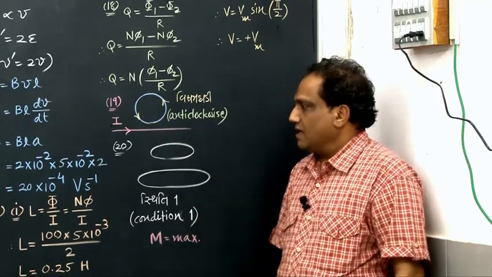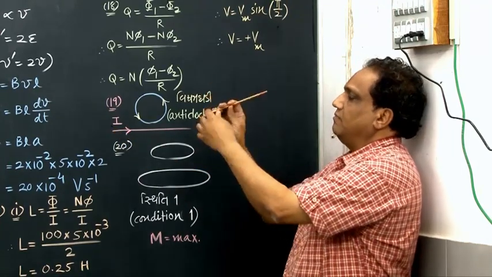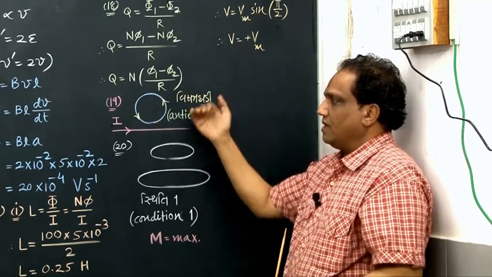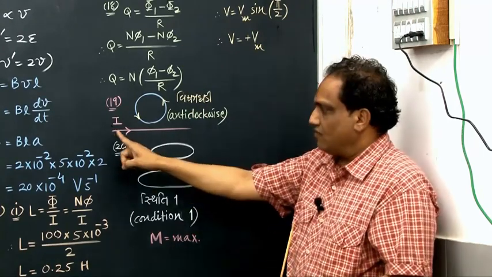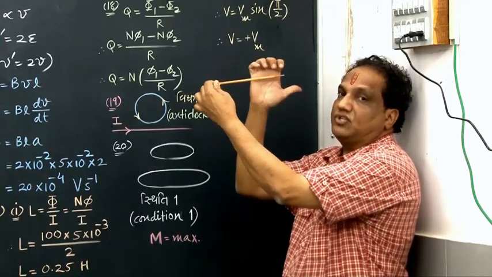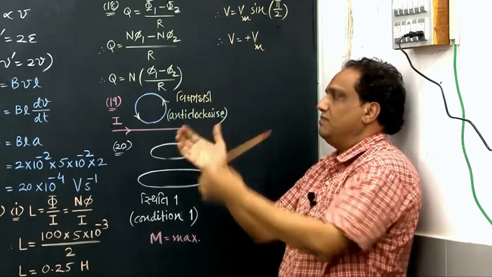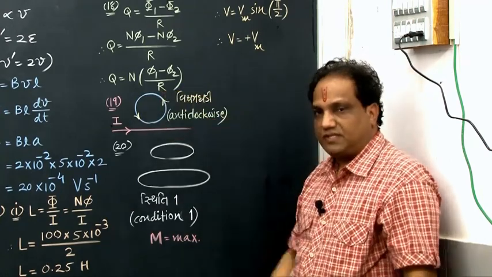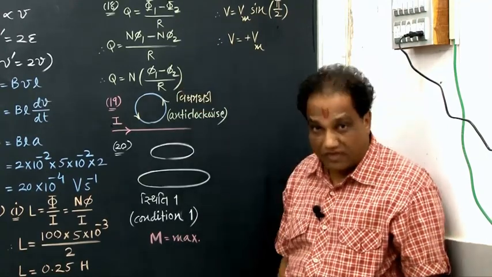Because of this current passing towards right hand side, you can expect magnetic field lines associated with the loop coming out perpendicularly from the plane of the figure, because if you hold this current carrying wire in your right hand palm such that thumb is pointing in the direction of current, then these fingers are taking turn this way, correct? Means perpendicularly outside. So right now we have got some magnetic flux in which magnetic field is perpendicularly out from the plane of the figure.